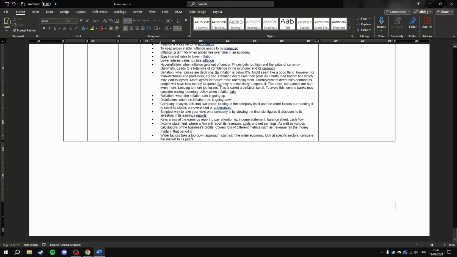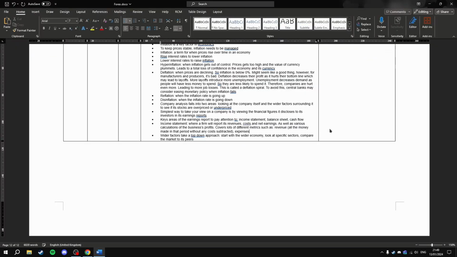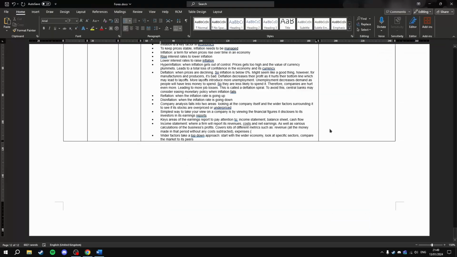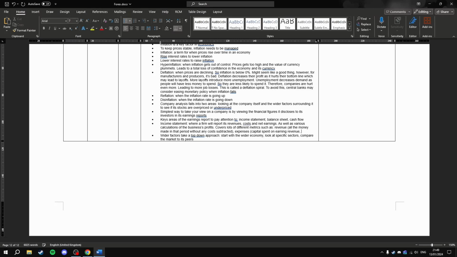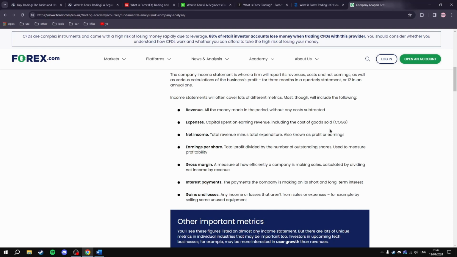Expenses. That is capital spent on earning revenue, including the costs of goods sold.